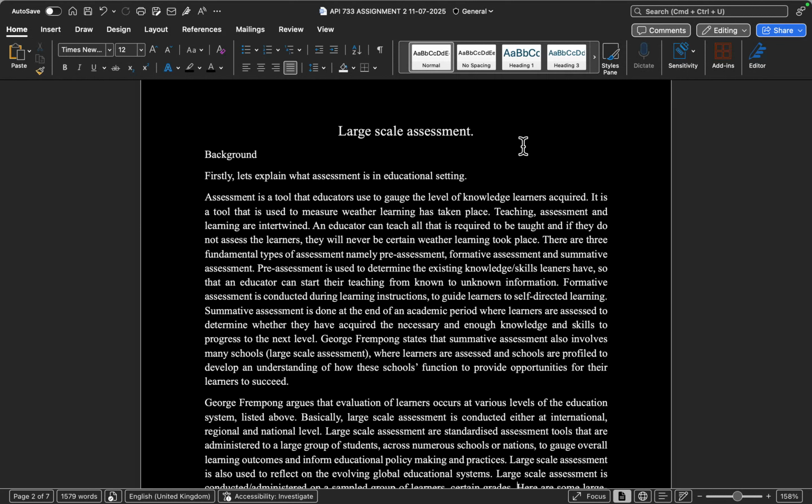Also, a large-scale assessment is a standardized assessment tool administered to a large group of students across a number of schools and nations to gauge the overall learning outcomes and also to influence policymakers.